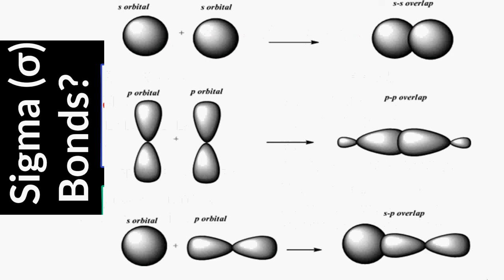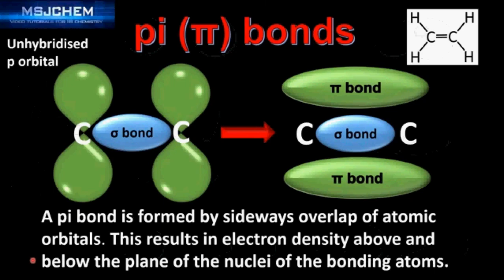So you can see the overlap of the orbitals. In the first case you see s-s overlap. In the second you can see p-p overlap. All these overlaps take place on the axial position, axial overlap. In the next figure you can see the lateral overlap.